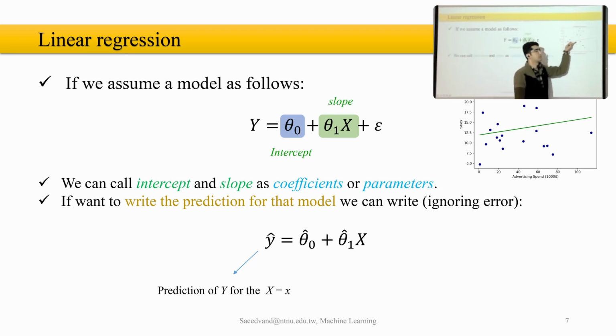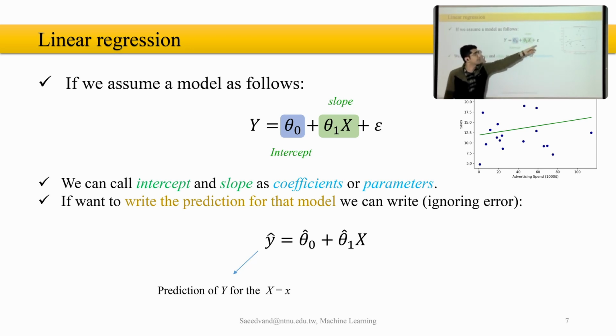Slope is how this line should be tilted, and intercept is how far up or down it should be. We want to find good numerical values to put here so that by calculating all these terms, we have the output. Clear? We want to replace this with some numbers. What should the number be here so that if this x comes, y is what I want? That's the whole idea.